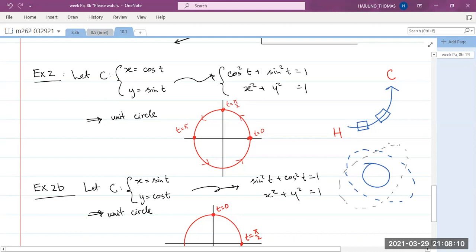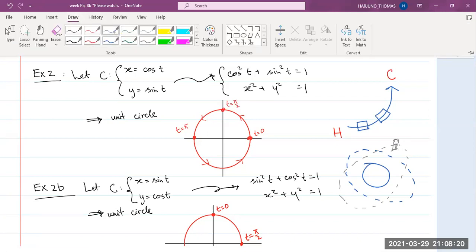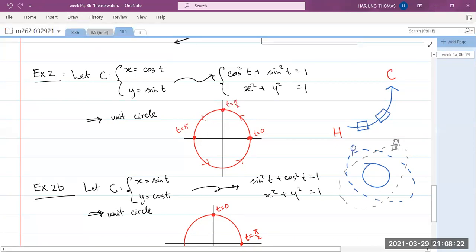Two satellites will not hit each other as long as they are not at the same place at the same time. You see what I mean? When this one is here, then the other should be somewhere else.